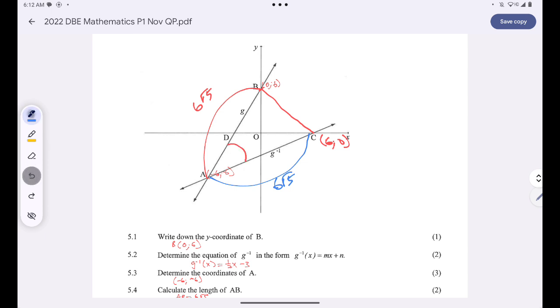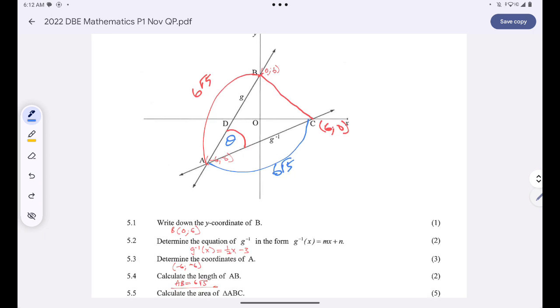I can call it angle theta. How can I find angle theta? Whenever I want to find the angle between two straight lines, I only need to find the angle of inclination of each of the two lines, and then subtract them. That's all I need to do.